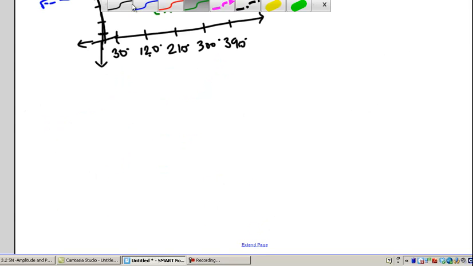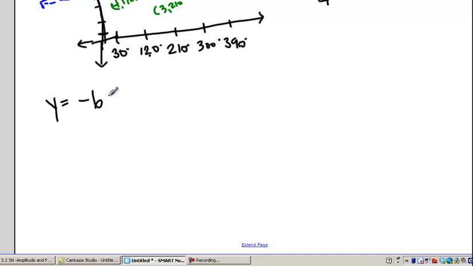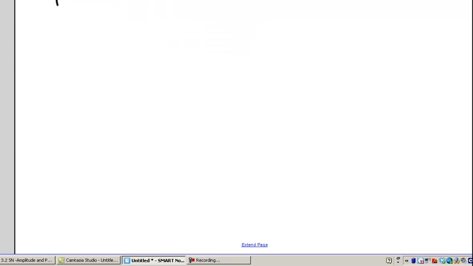All right, let's look at one more. We've got y equals -6 plus sine of theta plus pi over 2. I know y'all love this type because it has pi in there.